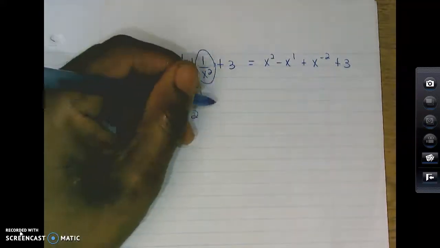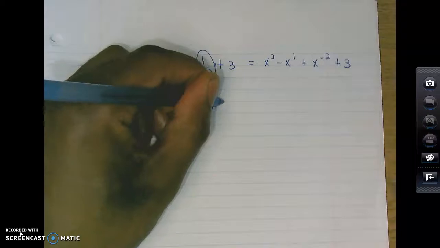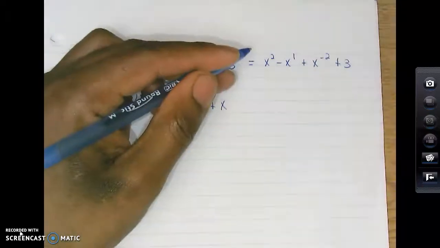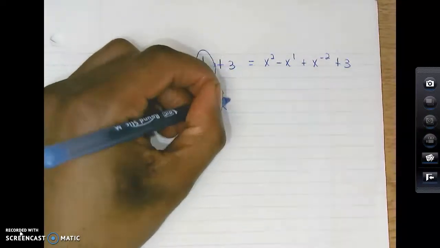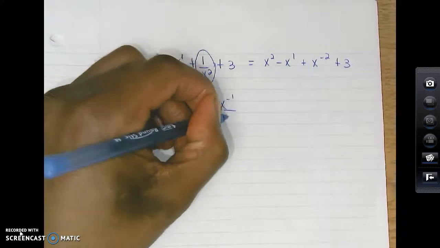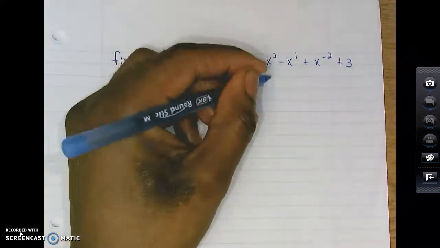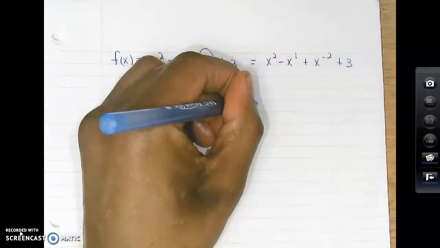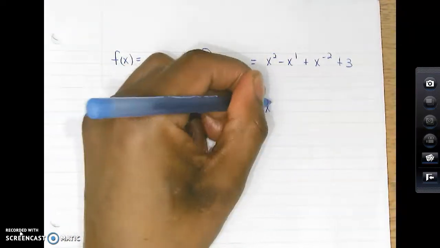So when I do that, that's going to give me plus x to the negative 2. If I add 1 to it, I'm going to get negative 1. And then I'm going to have to divide by negative 1. All right. And then that's going to be plus. And remember, this is really 3x to the 0 power. So this is just going to be 3x to the 1.